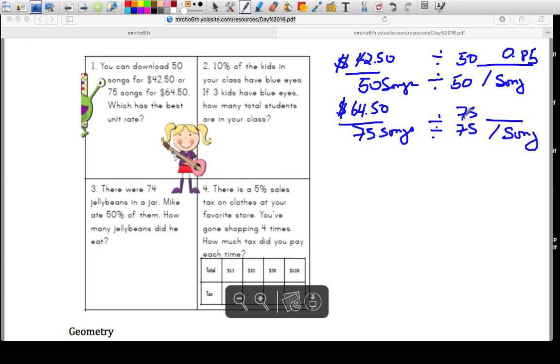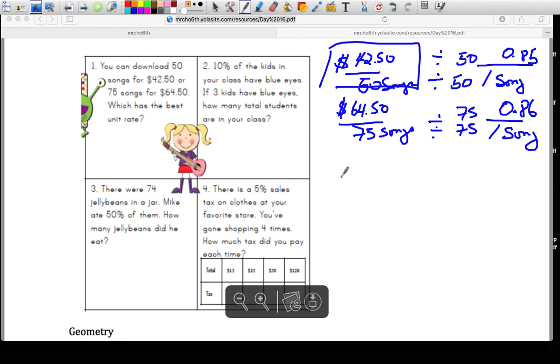So 64.5 divided by 75 gives me 86 cents per song. So the better unit rate is this one. This one has the better deal. Okay.